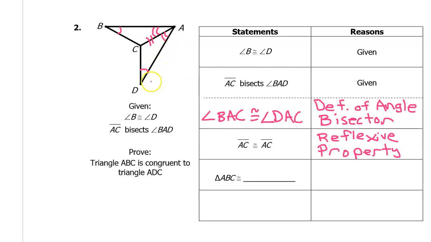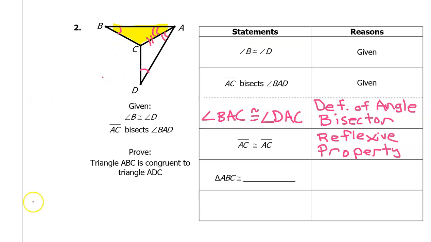So now we have enough information to prove that the triangles are congruent. Focus on one triangle at a time. So for example, look at the yellow triangle. So what do we have? I notice that we have 2 angles and a side.